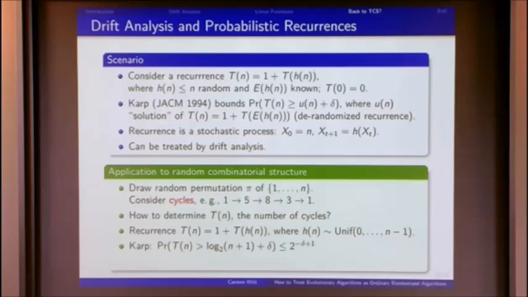Interestingly, this is not the expected number of cycles in a random permutation. So in combinatorics, it's well known that the expected number is the natural logarithm. So the binary logarithm is bigger than the natural logarithm. So in this sense, the statement tells us about a deviation above something that is not the expected value.